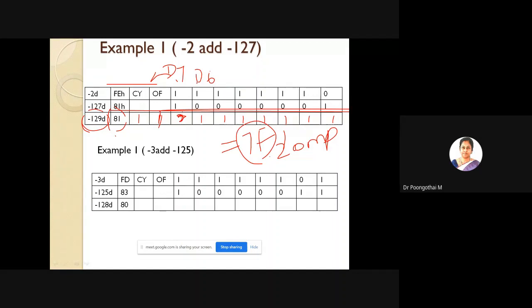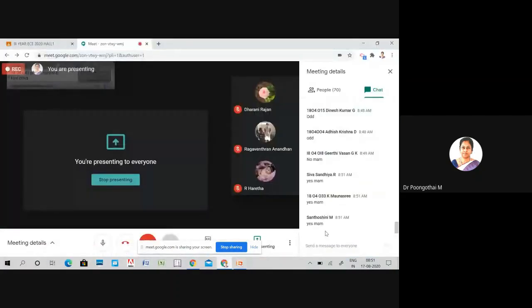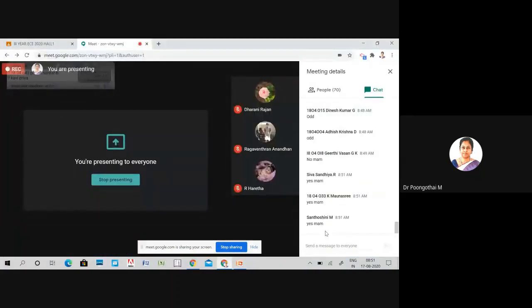So the indication of overflow is whether the result is exceeded or not. If it is exceeded, the overflow flag is set to 1. Okay, is it clear now? I am adding minus 2 with minus 127, so the answer will be minus 129.